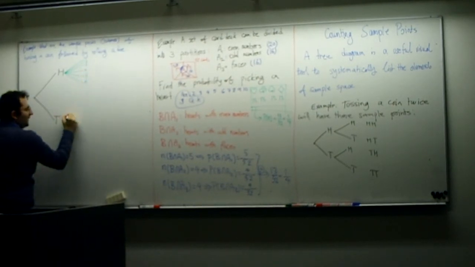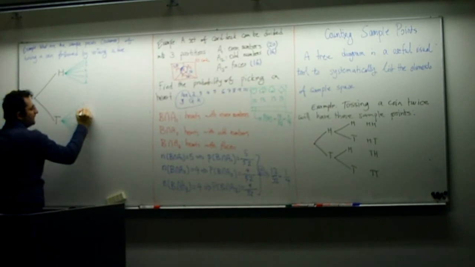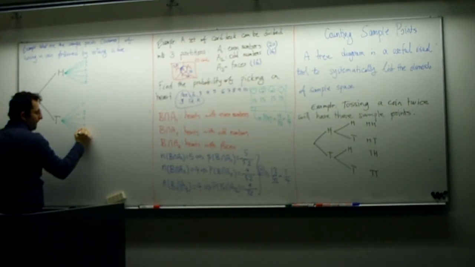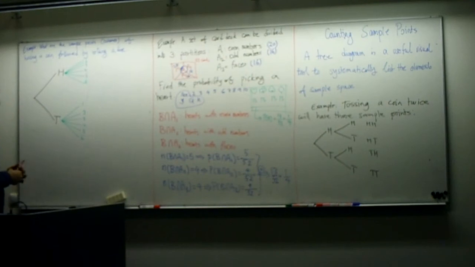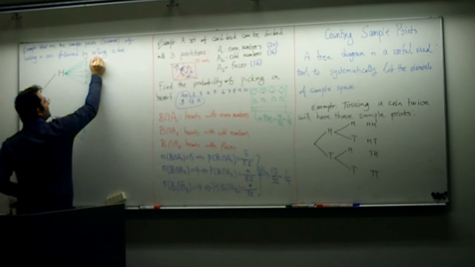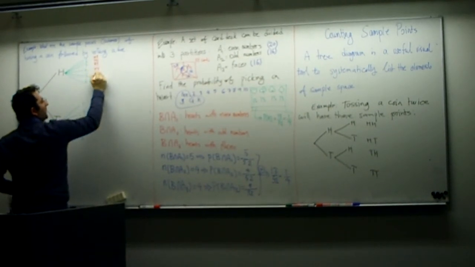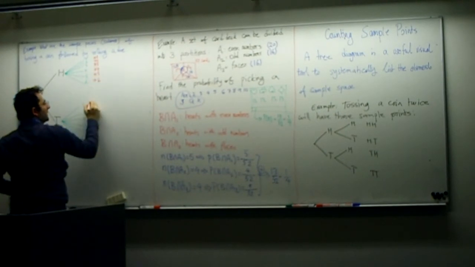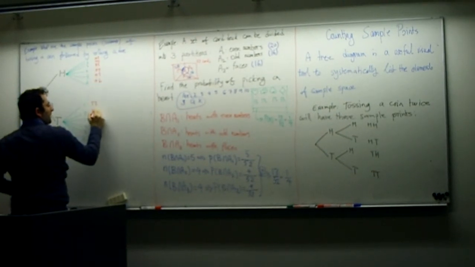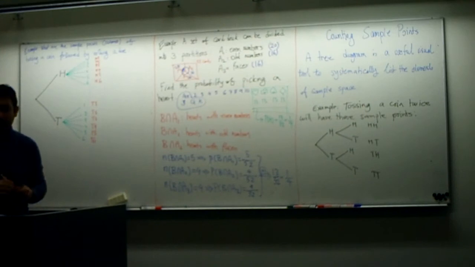Or if we get a tail, we will do it and we will get 6 outcomes. So what are the outcomes? The whole outcomes that we get are H1, H2, H3, H4, H5, H6, and then T1, T2, T3, T4, T5, T6.